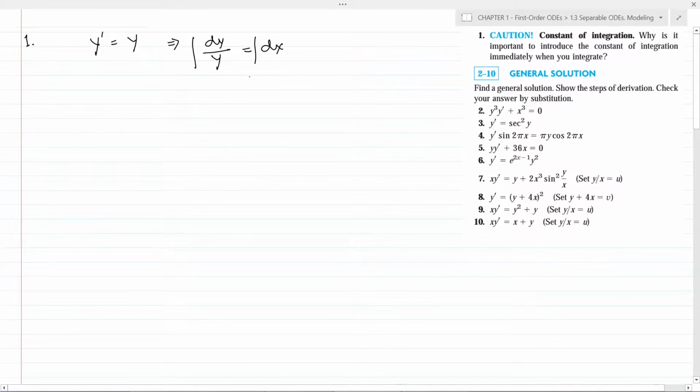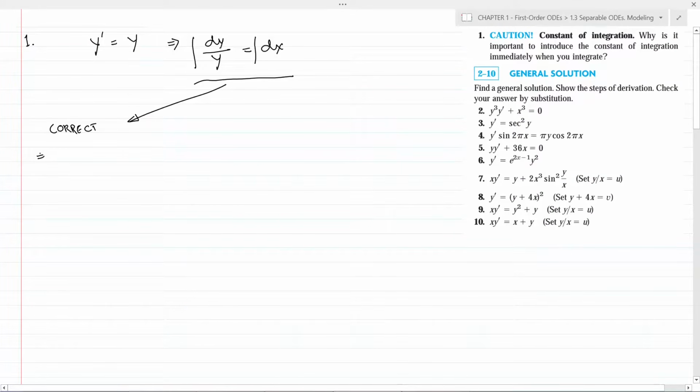Now from here we can proceed two ways. We can go by the correct method, wherein we will introduce the constant of integration immediately after we integrate.